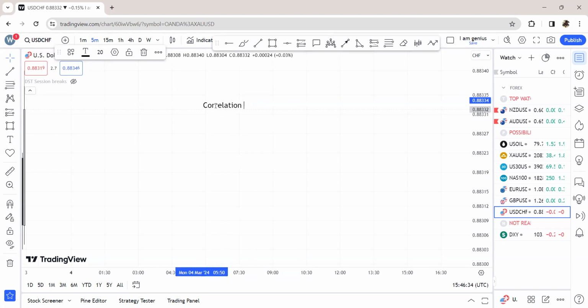But before you can understand correlations, you need to understand something else. Now, that thing you're supposed to understand is the DXY. So now the DXY is simply a basket of currencies compared to the dollar.